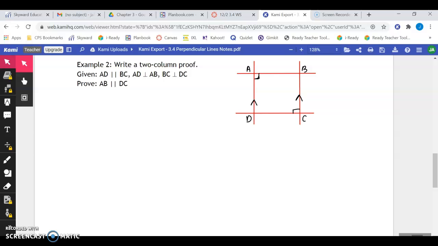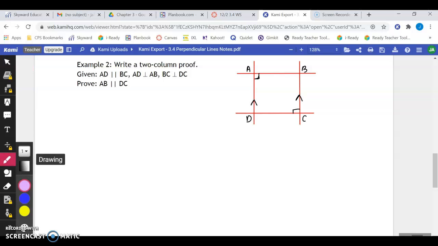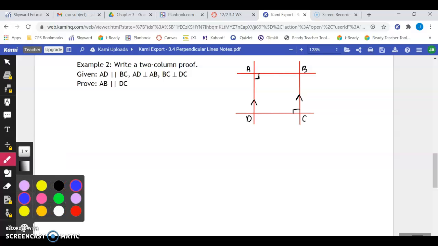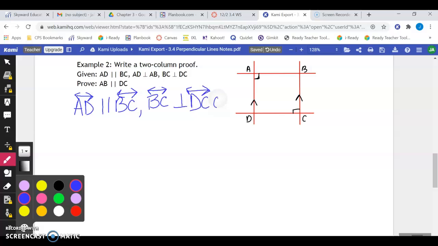So we have to use some information here that we are given. And the first thing is that line AD is parallel to line BC, and that BC is perpendicular to DC, and that is given.